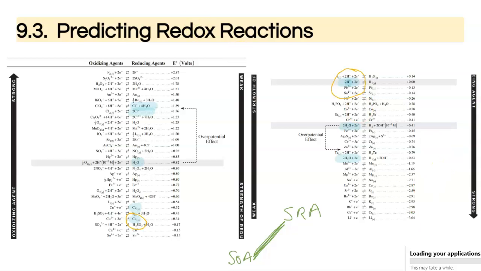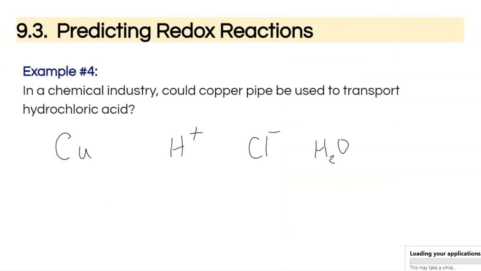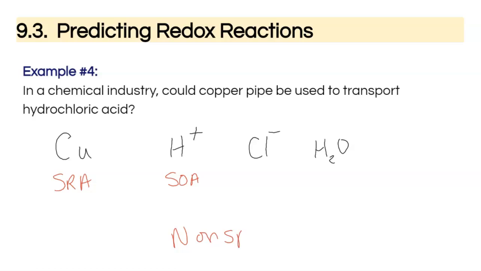So I'm hoping when you did this question and analyzed the chart, you saw that copper was our SRA and our hydrogen ion was our SOA, and that because of the positioning of them, this is a non-spontaneous reaction. And so what does that mean? That means that yes, in fact, copper pipe can be used to transport hydrochloric acid.